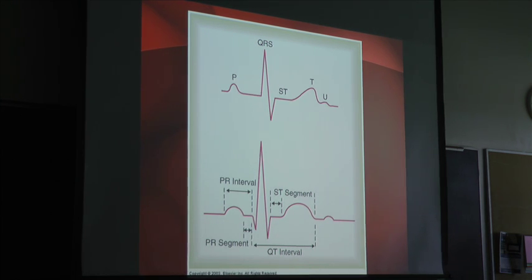So for them to depolarize and repolarize, 0.5 seconds. 0.3 to depolarize? Yes, for the atria and the ventricles to depolarize, 0.3 seconds. For everything to be complete, to be repolarized, 0.5 seconds. Full cycle, 0.5 seconds. So 0.3 seconds to depolarize and 0.5 to repolarize.